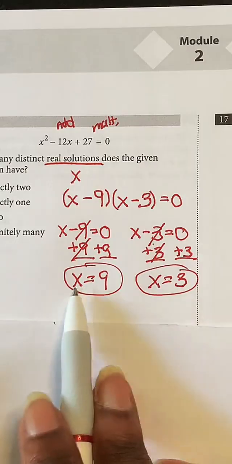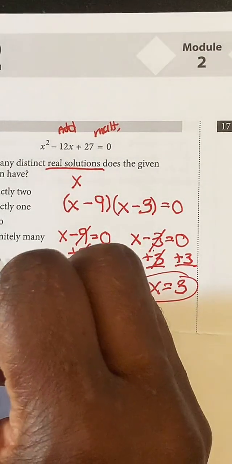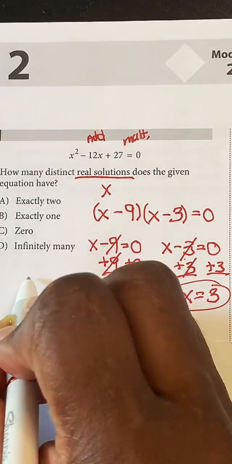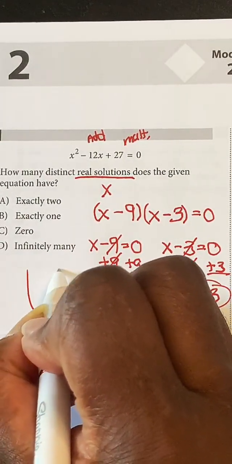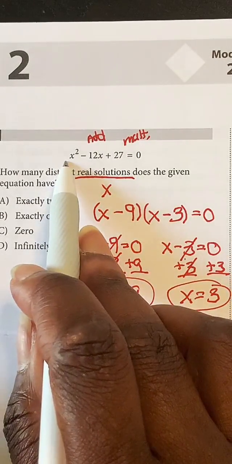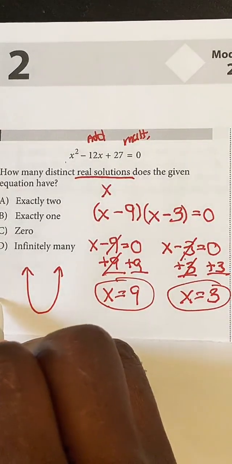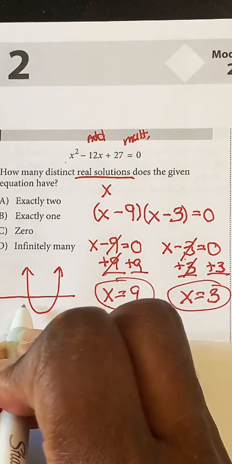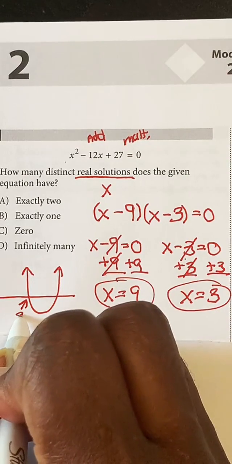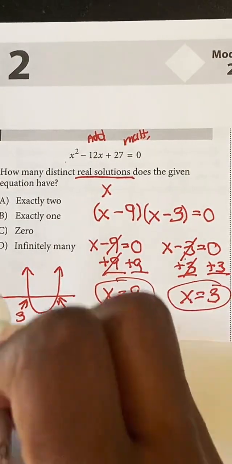So if I were to graph it, that parabola, that U shape, is going to be opening up because my A value is positive, right? And if it is going to cross, that means one is going to be at 3 and one is going to be at 9.